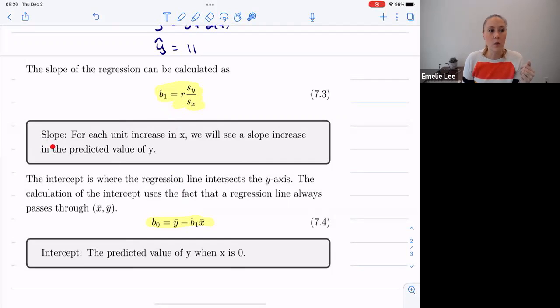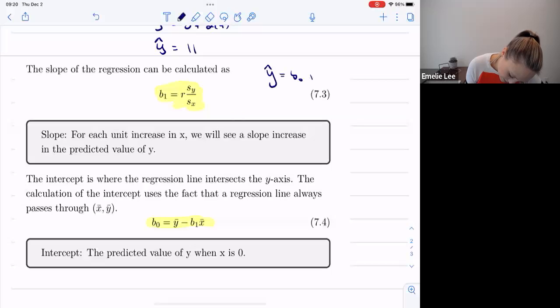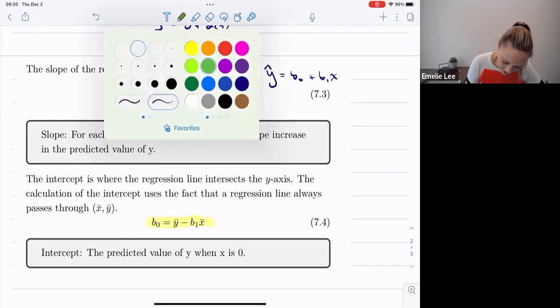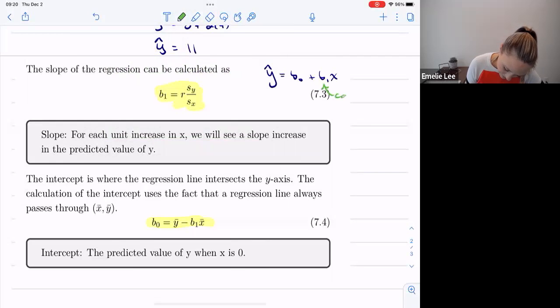So the slope, we calculate the slope first. In y hat equals b naught plus b1x, we calculate the slope first.